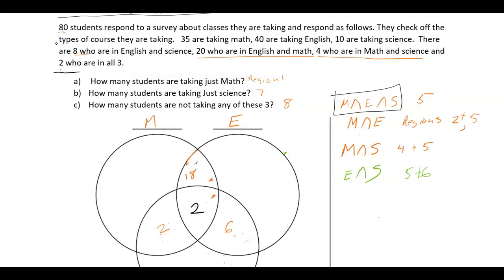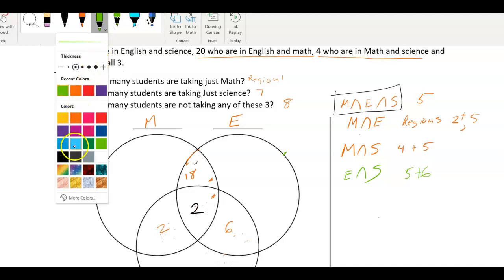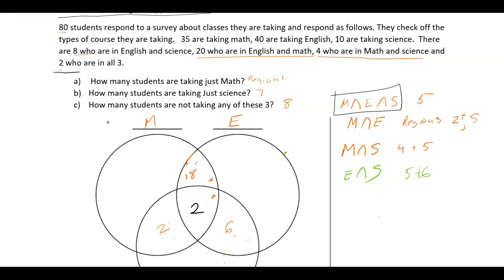Now, let's look at the total number of students in each class. I'm going to try to pick a different color here. If I look at just how many total in math, 35 total in math. So I have to have 35 in the circle, but I already have 18. I already have 2. I already have another 2.